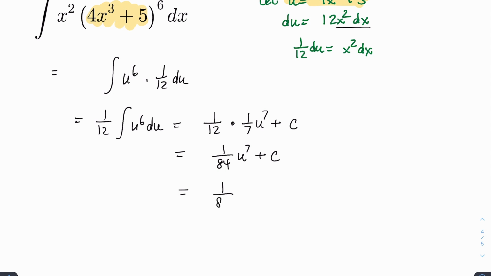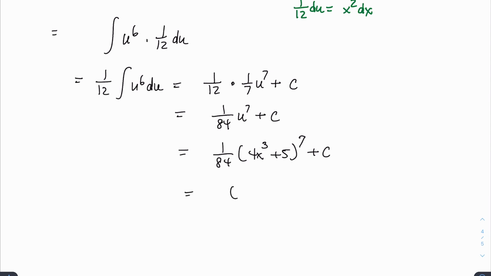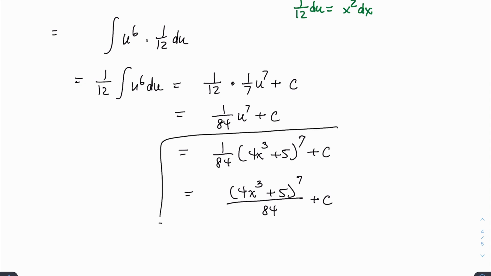So we have 1/84 times (4x to the third plus 5) to the seventh plus c, which of course can also be written as (4x to the third plus 5) to the seventh all over 84 plus c. So either one of those two forms is acceptable for a final answer.